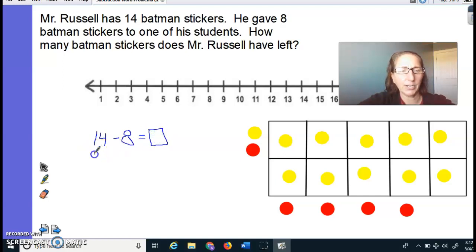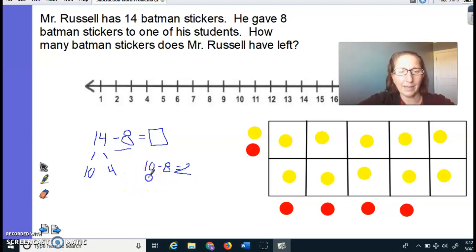So we're going to use our strategy of expanded form. We're just going to break the number 14 apart. So 14 becomes a 10 and a 4. And now we're going to look at our problem and it says we're taking away 8. So we're going to take the 10 and we're going to subtract 8, which is our combination of 10. 8 plus what makes 10? 8 plus 2.